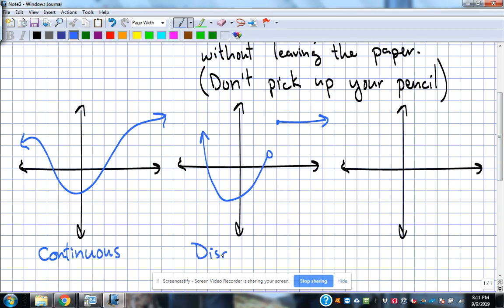This is called discontinuous. And then here is a sneaky one that's discontinuous. I'll put a little circle in the middle of it there. That one's sneaky because it's just a little empty circle there. You've got to jump over that number that's there. So this is discontinuous.